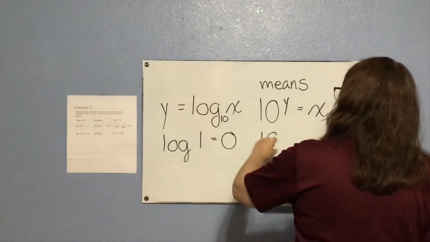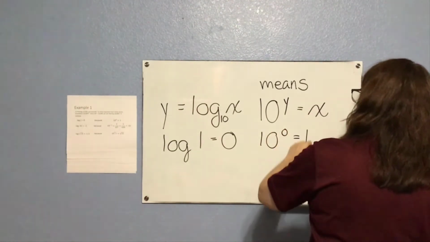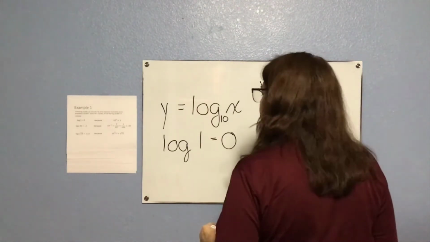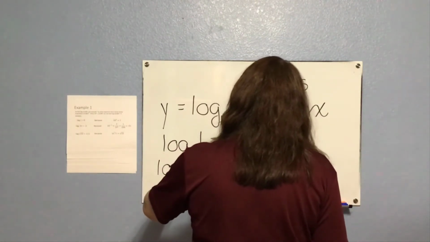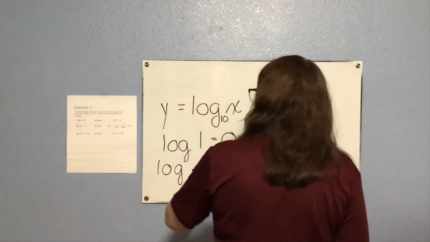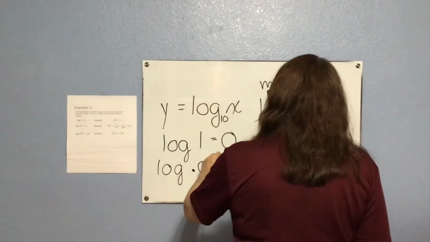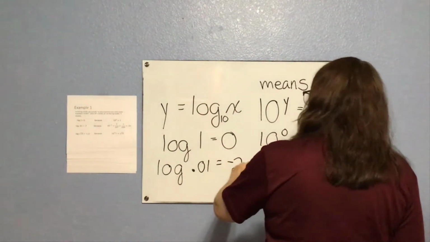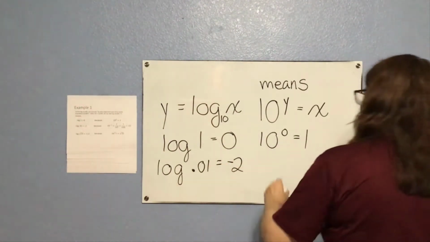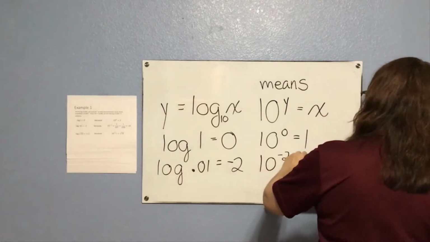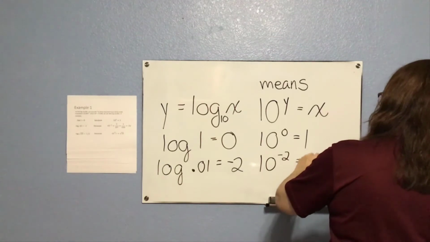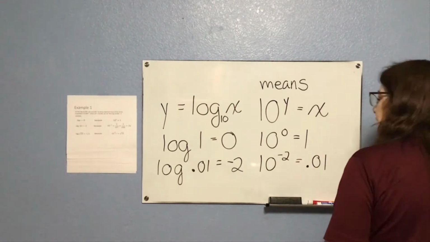Okay, so 10 to the 0 equals 1. And if I want the logarithm of 0.01, that's -2, because 10 to the -2 is 0.01.